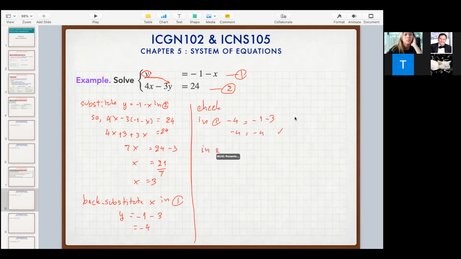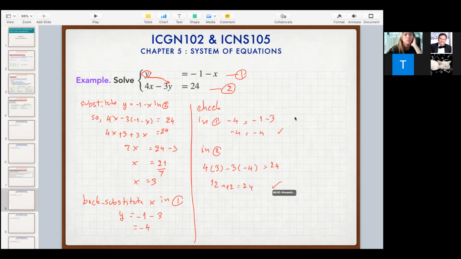We check in equation number 2, 4x minus 3y equals 24 or not? 12 plus 12 equals 24, yes.